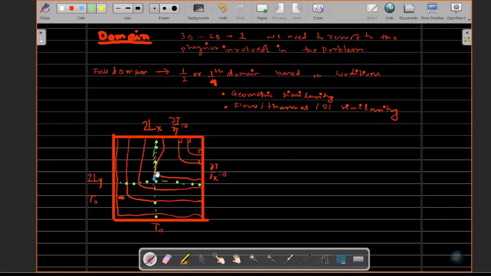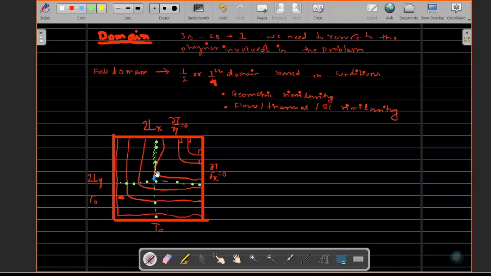Whatever the image is here, it should be a mirror image here, and whatever the image is here, it should again be a mirror image of the mirror image here. If that is the case, then there is a flow similarity. If not, then there is no flow similarity.